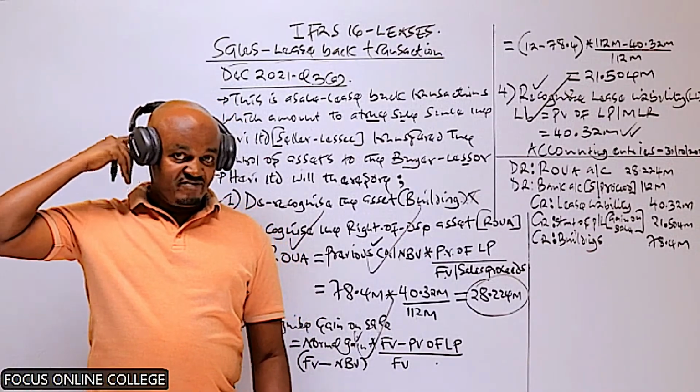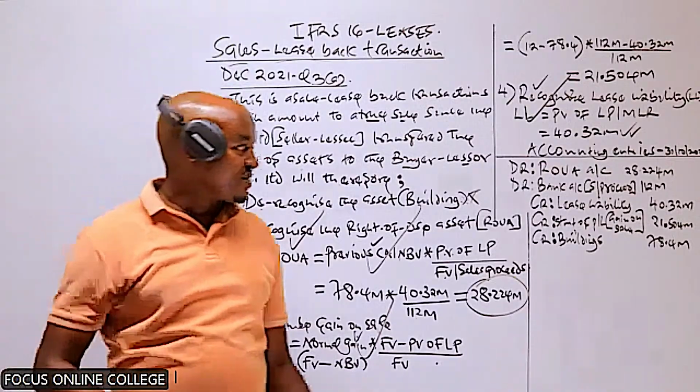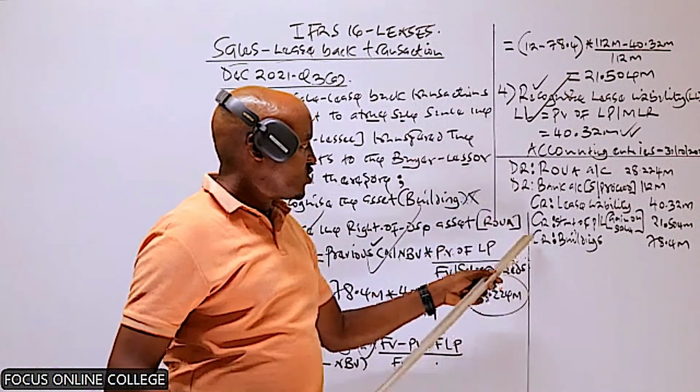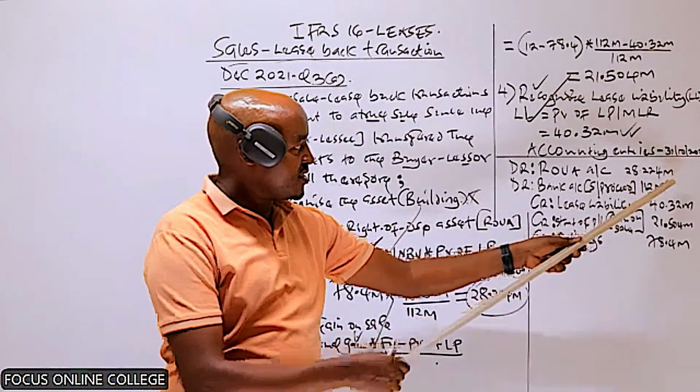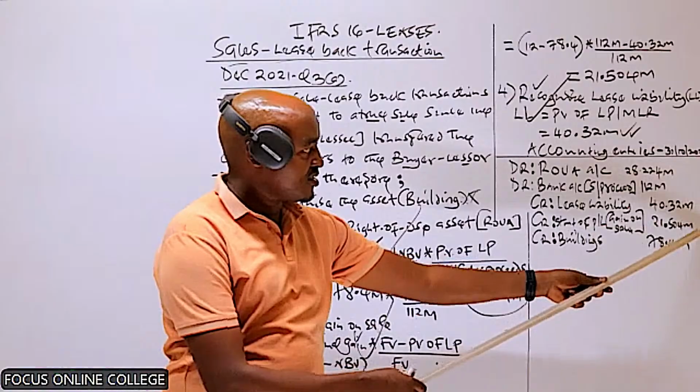So those were the accounting entries which were supposed to be effected on the date this transaction took place. The amount which has been debited should be equal to the amount credited. Can you confirm whether this plus this is equal to all this?